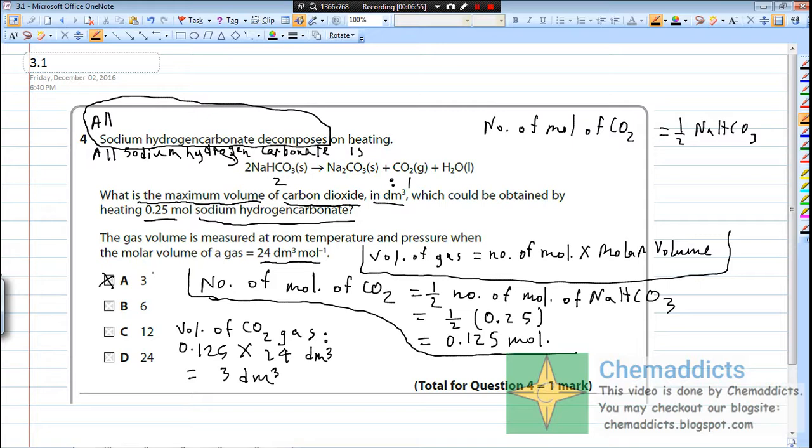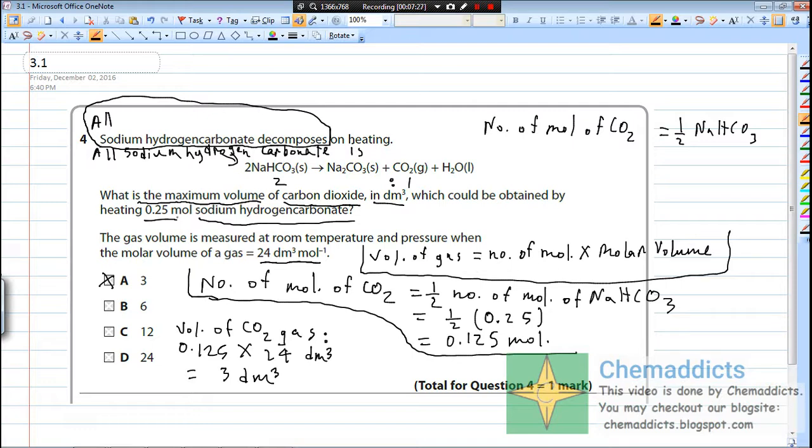Here we have discussed some of the facts and features of this question. So I hope that by this meantime you have come to know how to solve this question more efficiently. Here we just need to find the volume of carbon dioxide gas that they have asked, and we just need to find the number of moles and molar volume.